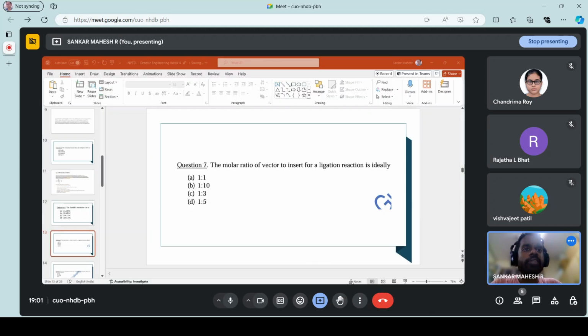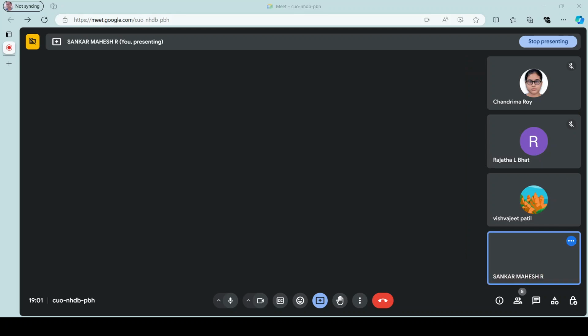Is that clear? Yes, sir. Okay. Now with respect to ligation, what we want to ensure is we want at least a few true positive ligations. When we take 1 is to 1 of vector to insert, what would happen is usually the size of your vector is larger than your insert.